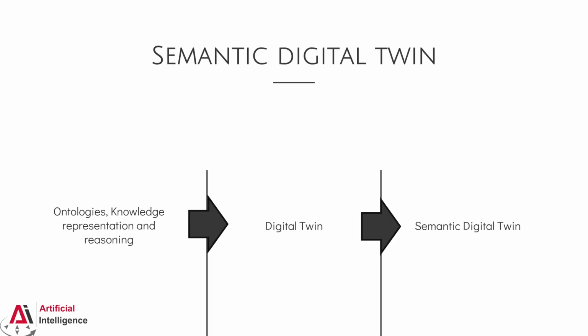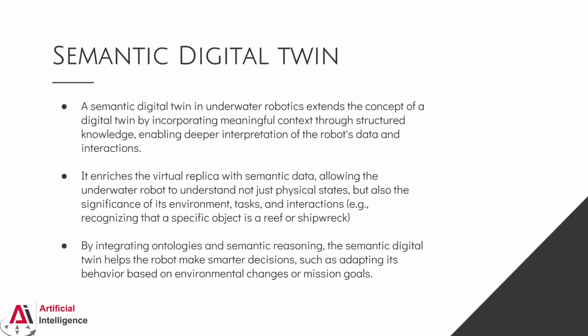So, if we combine ontologies, knowledge representation and reasoning, and digital twin, if we combine these two concepts together, we arrive at another concept called the semantic digital twin. And what's the semantic digital twin?